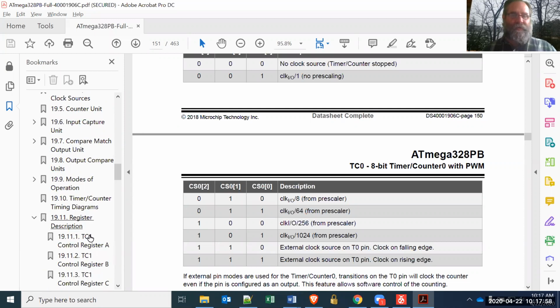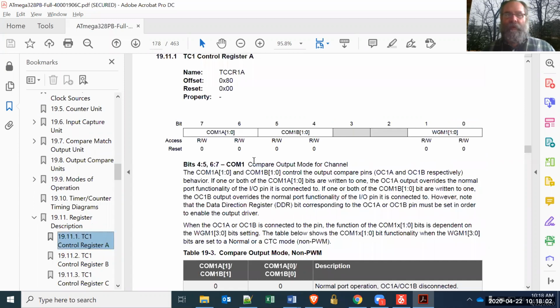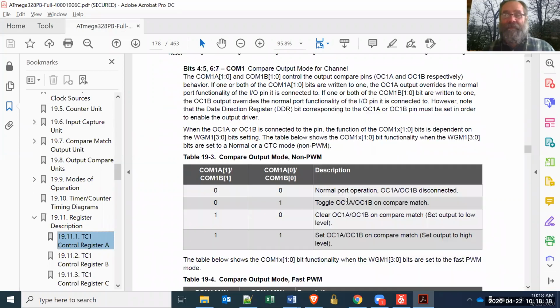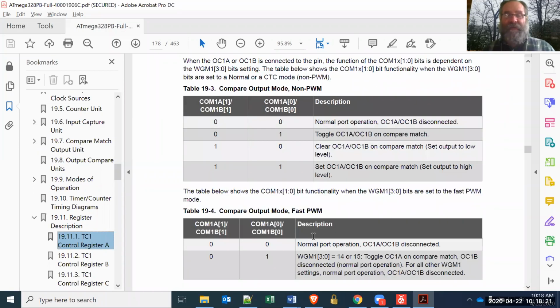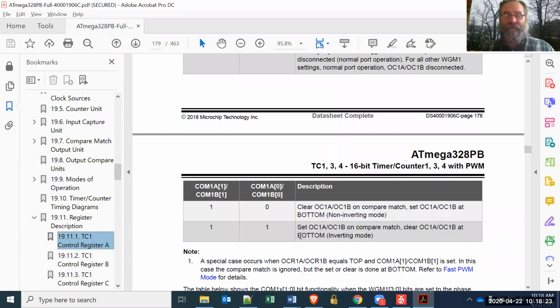But if we look at register descriptions, control register A for timer 1 looks exactly the same as for timer 0, except instead of COM0A, it's COM1A. I can set that to 10, fast PWM mode: clear on compare match, set on bottom.